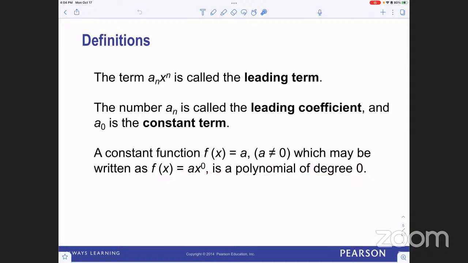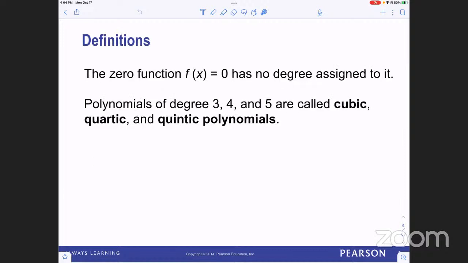The degree of a polynomial is the highest exponent on our variable, or the highest power on any variable. The 0 function, f of x equals 0, has no degree assigned to it.